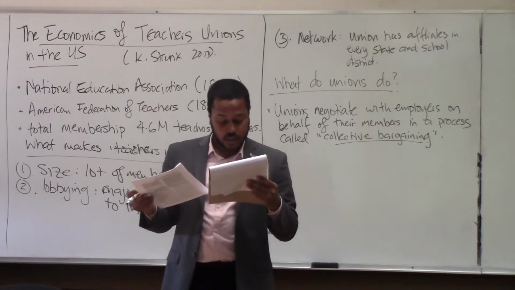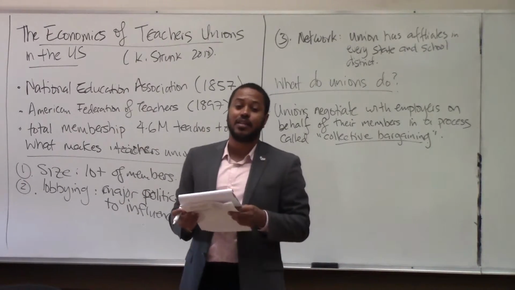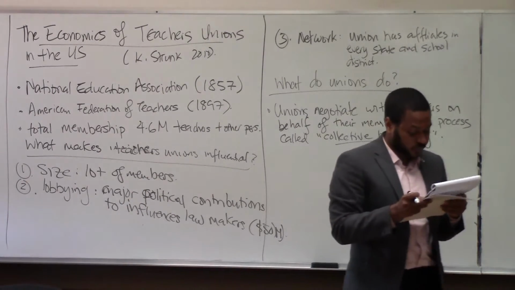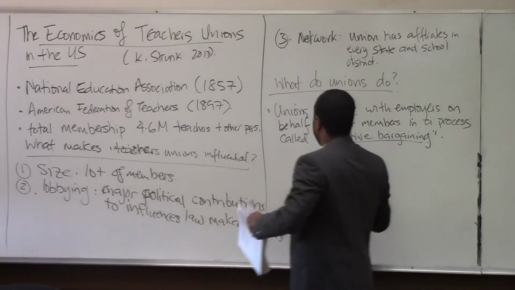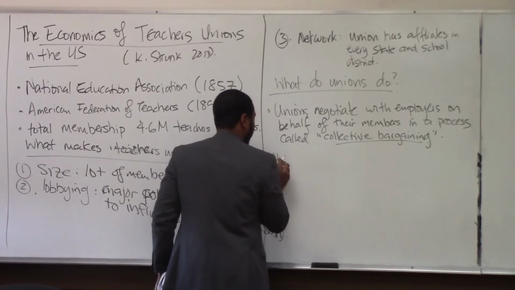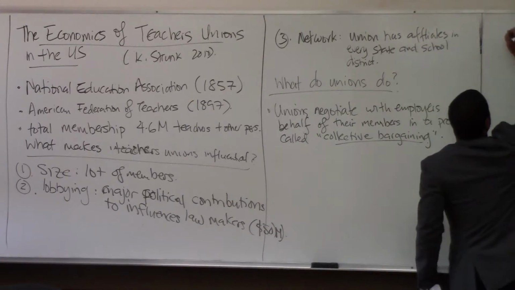All right. Let's see. Okay. Well, what are some of the things that unions will, let me back up a little bit. This is what unions do. Okay. Now let's talk about collective bargaining.